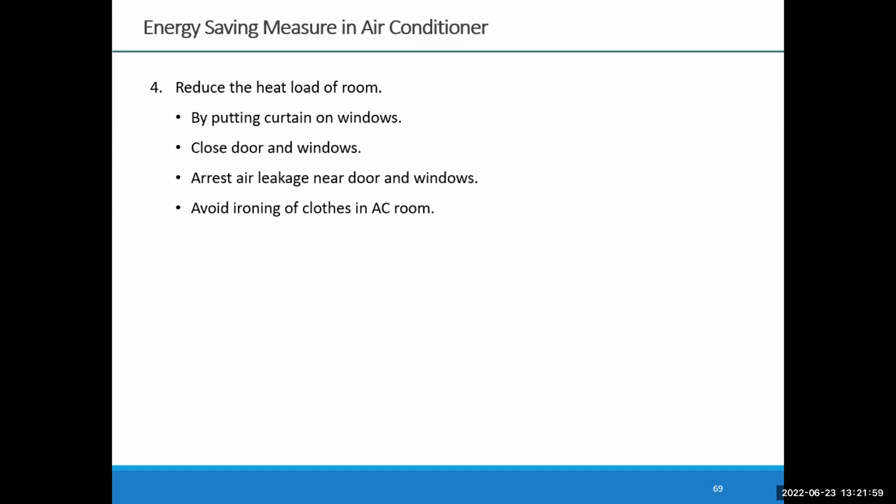If your room has a lot of ambient light coming in, and the windows are not properly insulated, you are increasing the heat load of the room, which is impacting the compressor operation of your air conditioning unit. That means it is trying to do more work to cool the room because of the added heat from the ambient conditions.